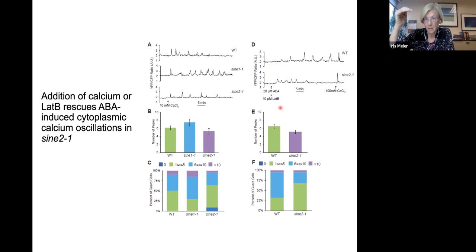So again, in this case, placing the actin depolymerization step, which is inhibited in SINE2, upstream of the calcium fluctuations, thereby providing a possible explanation for why we see the calcium fluctuation phenotype only in the SINE2 mutant and not in the SINE1 mutant.